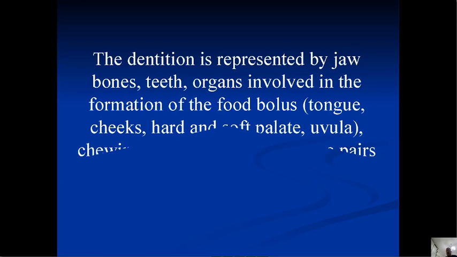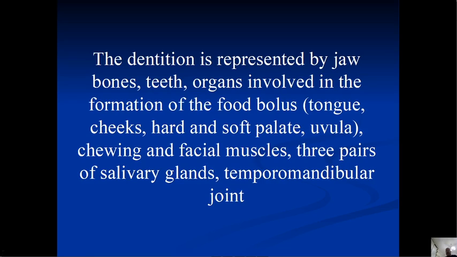Next slide. Dentition is represented by jaw bones, upper and lower jaw, and teeth. Here we can see the permanent teeth. A human being has 32 permanent teeth and 20 deciduous teeth.